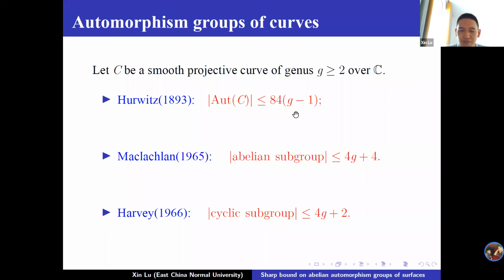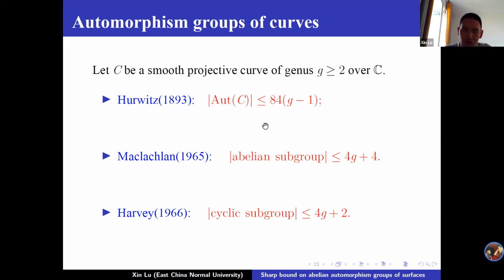But for the abelian subgroup and also the cyclic subgroup, the bounds were obtained much later, by Maclachlan and Harvey. For the abelian group, the upper bound is given by 4g plus 4, and for the cyclic subgroup it is 4g plus 2. These two bounds are much smaller than the upper bound for the total automorphism group.